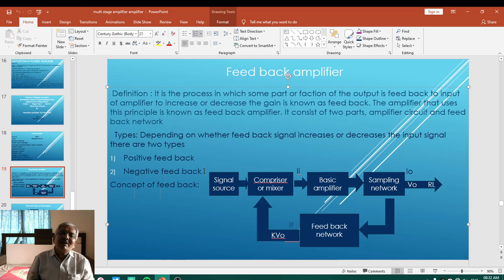Such a type of feedback is known as negative feedback, or it is called degenerative feedback, or it is called an inverse type of feedback. In this case, the feedback factor is negative.